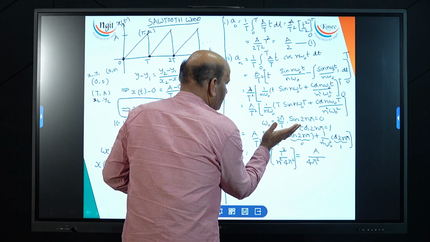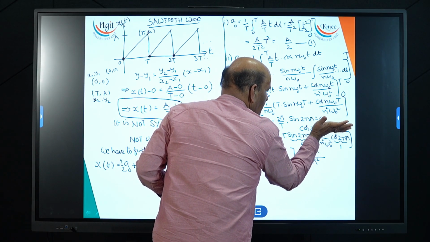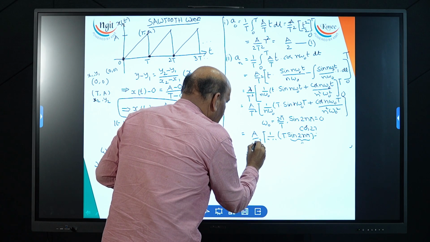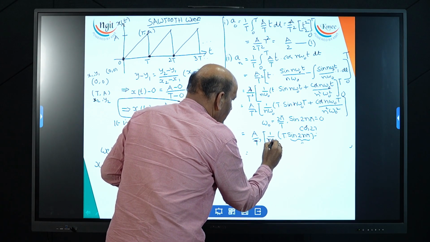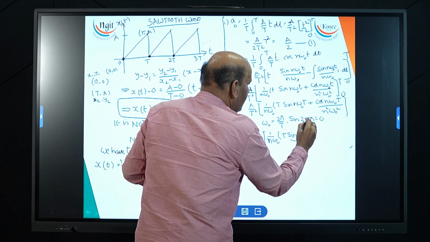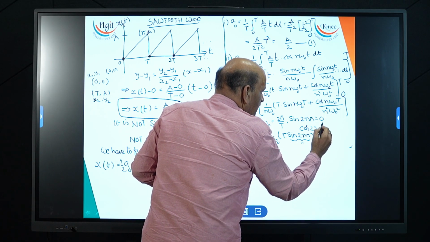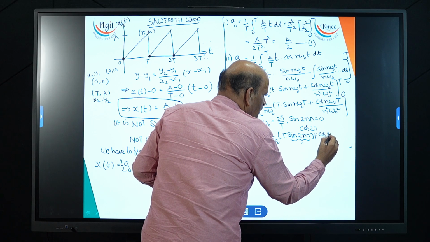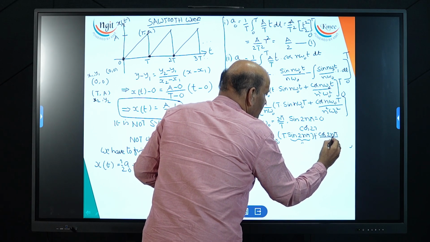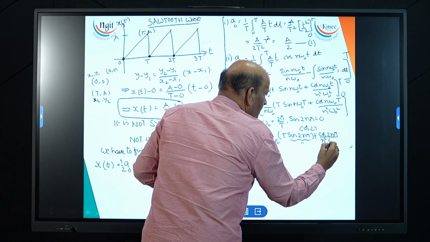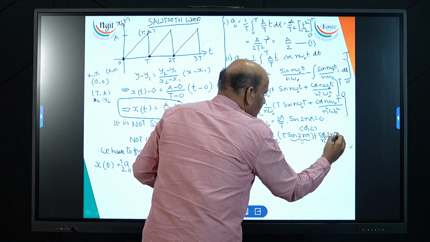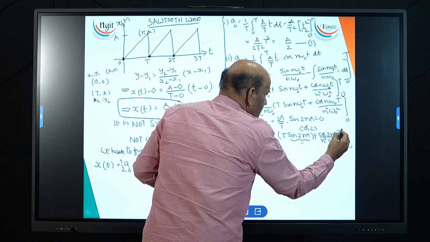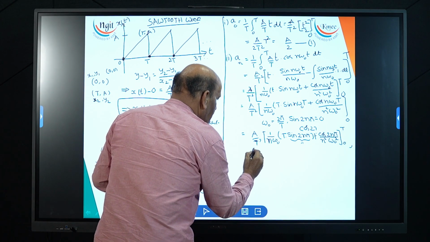One more point. Now here just look at A by T square into 1 by n omega naught T 2n pi plus cos 2n pi by n square omega naught square. Now, here the limits are between 0 to T. So 0 to T means what?